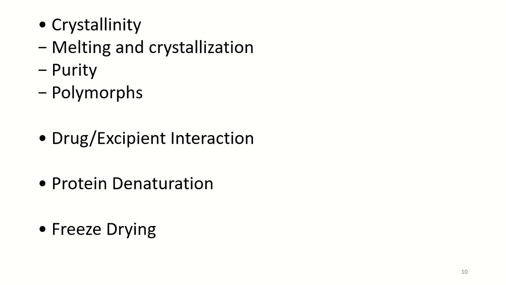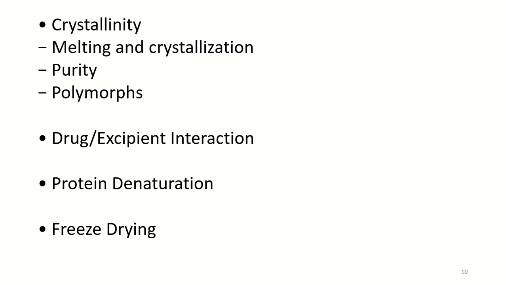The second one is crystallinity. This would help us to measure the melting and crystallization, moreover purity and polymorphs. We have already discussed some of the important aspects of crystallinity in our previous lectures, where we studied that we can find the melting point of any particular compound by using TGA, thermogravimetric analysis, along with the DTA, differential thermal analysis.